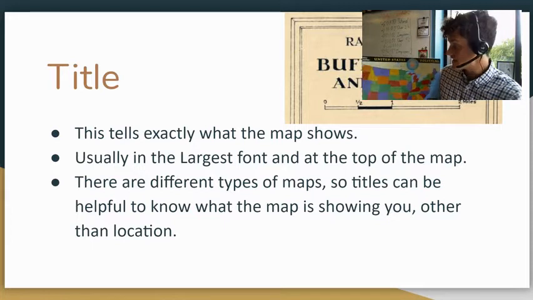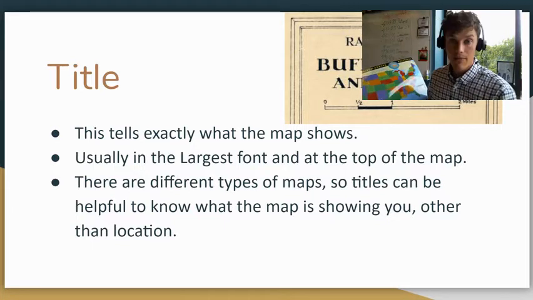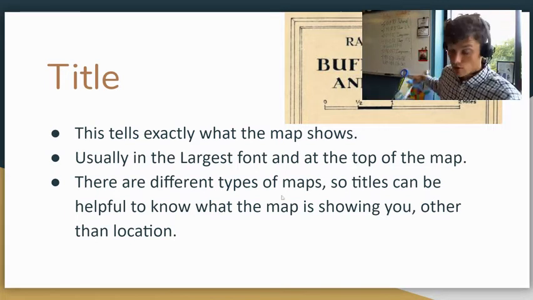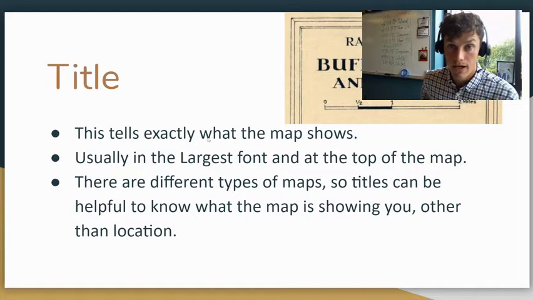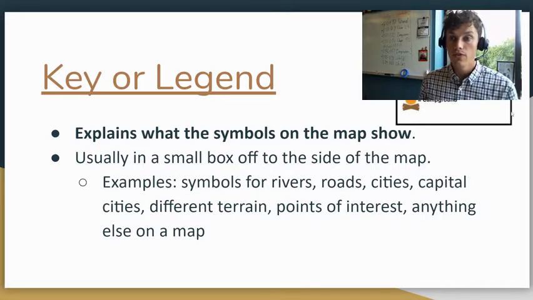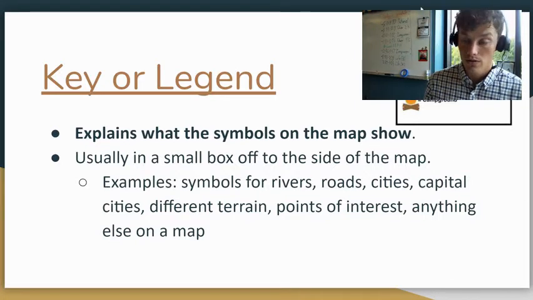If I don't know that, if I just dig in and start looking at this map, I might not find what I'm looking for, and I might waste valuable time looking. Keep in mind to always view the title. There are different types of maps. Titles can be helpful.